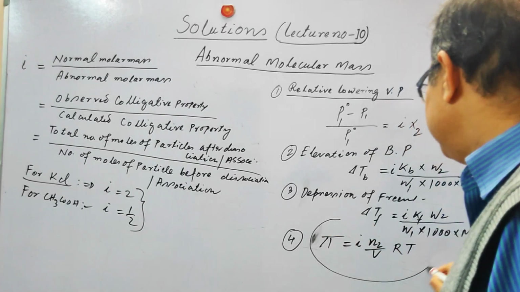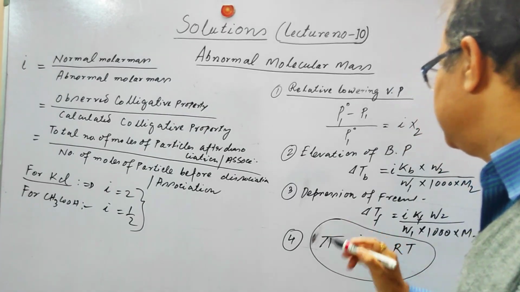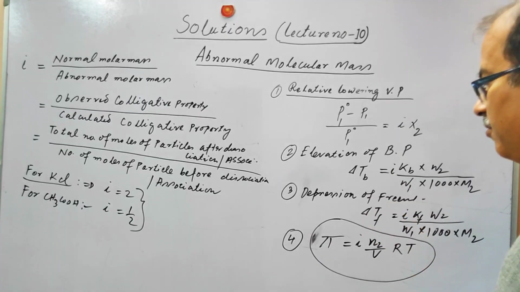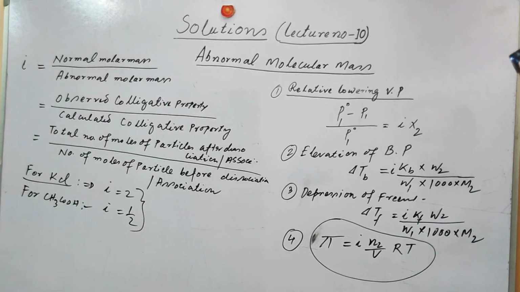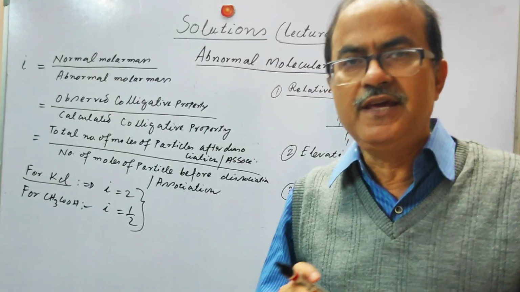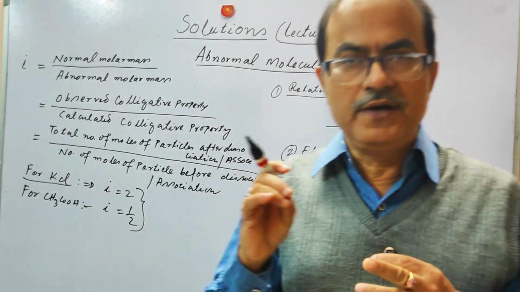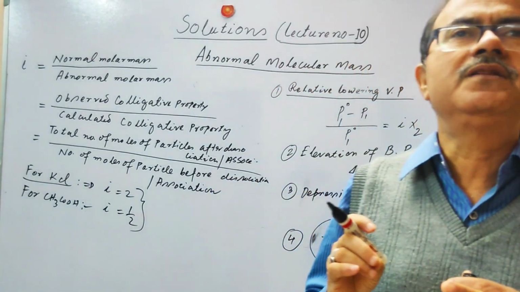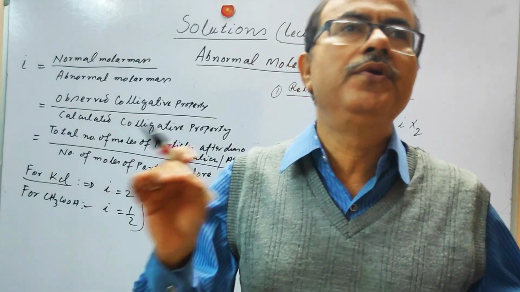So this is the osmotic pressure. There is a Van't Hoff factor, so in the formula you have to include the Van't Hoff factor. So you understand the abnormal molar mass. It is basically due to the behavior of the solute particles when they dissociate or associate.